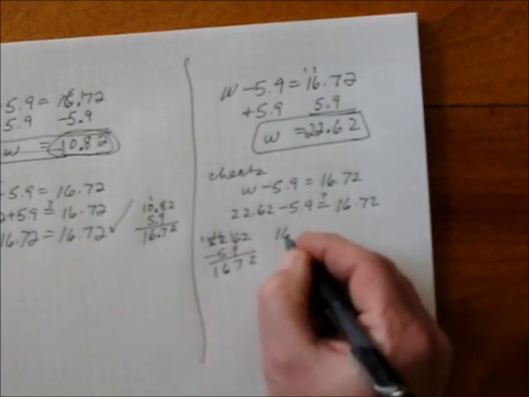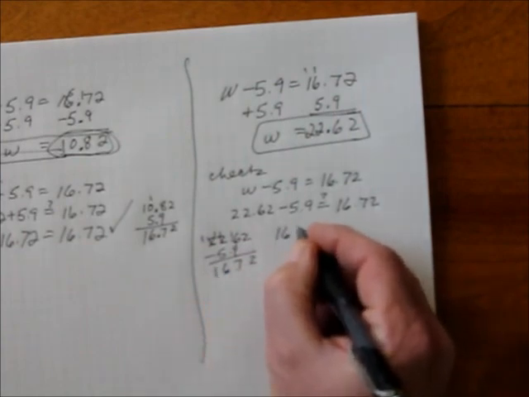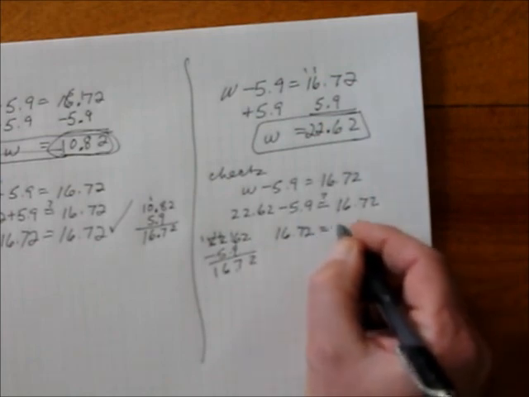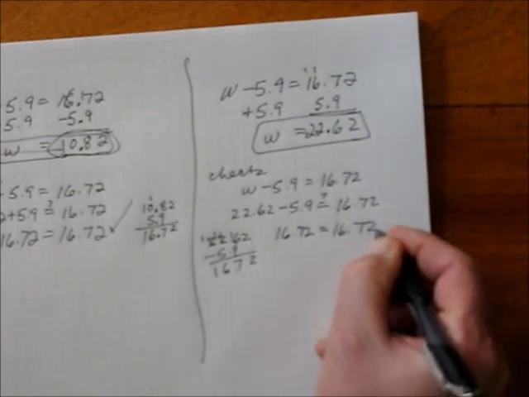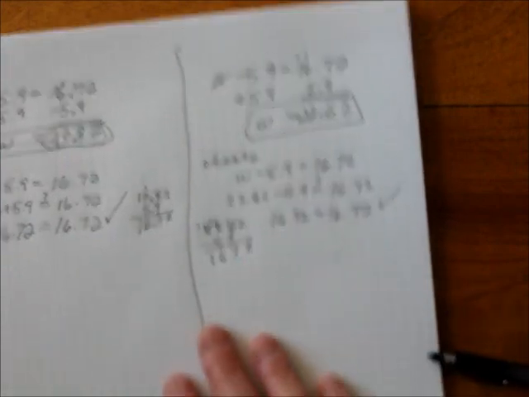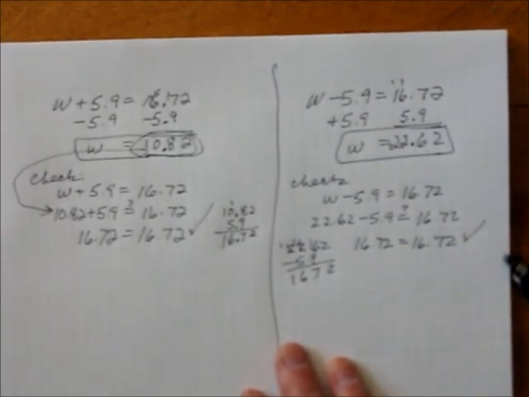So I have 16.72 is equal to 16.72. That checks. Okay? And so I have a true statement, it checks. And so that's the end of this, where we used addition and subtraction of decimals in solving equations.